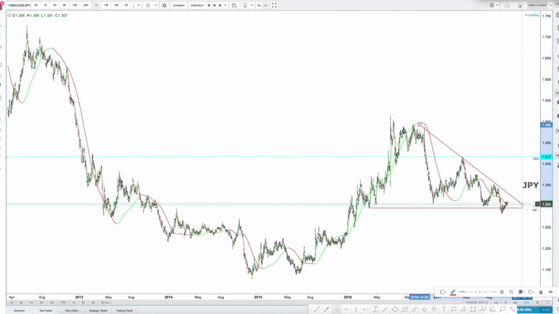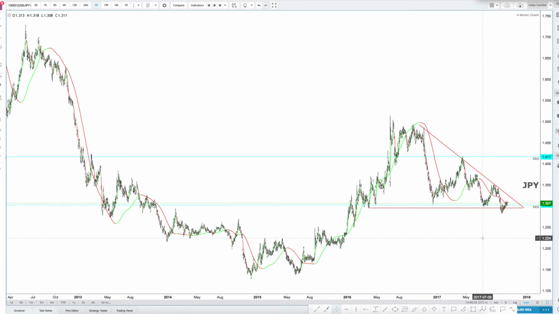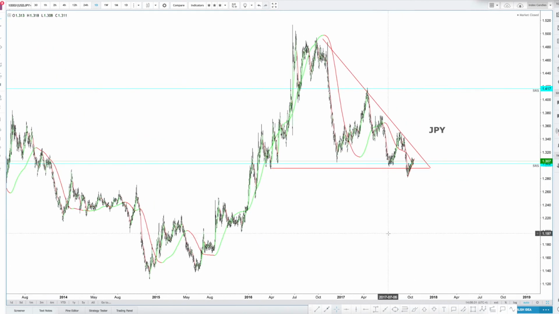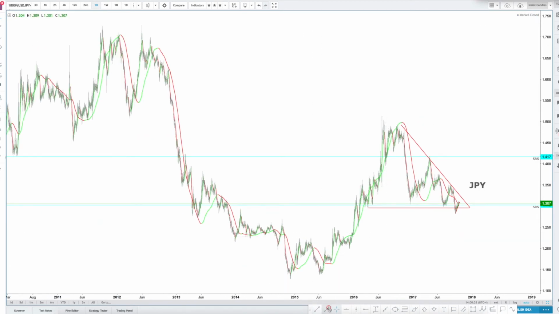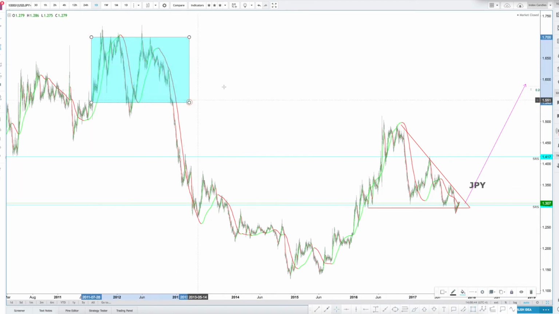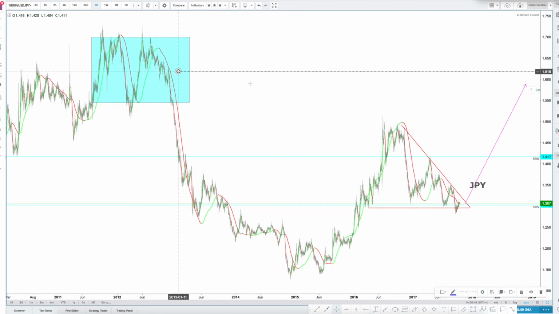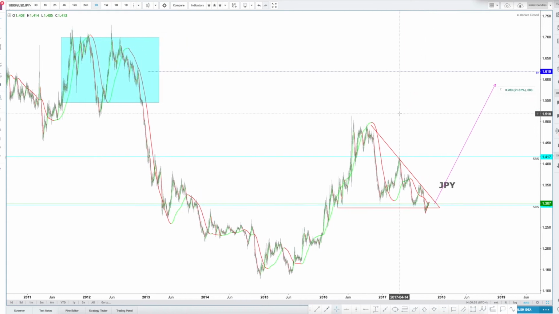So normally I would want to see it break out of it, and then let's go test this whole zone. So kind of like this, right? So I want to get the slope angle here, which is at 60%.